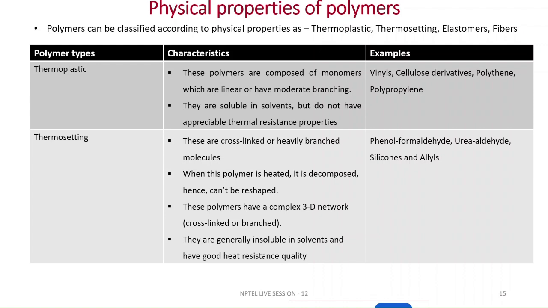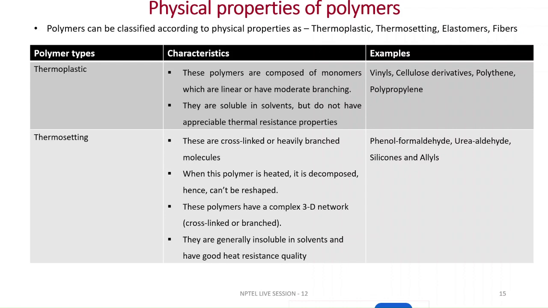Other things like mechanical properties are highly covered: tensile strength, compressive strength, shear strength, impact resistance, and also chemical resistance like chemical solutions, oil, fats, and solvent properties. So these are some physical properties of the polymer that are covered.